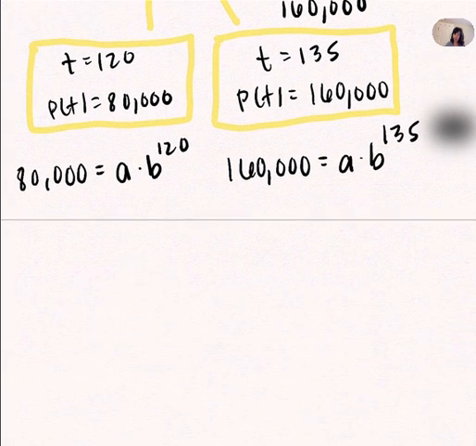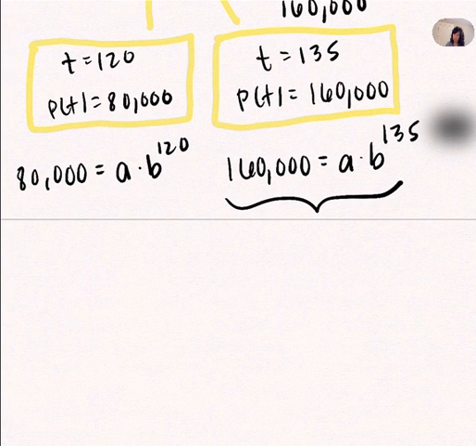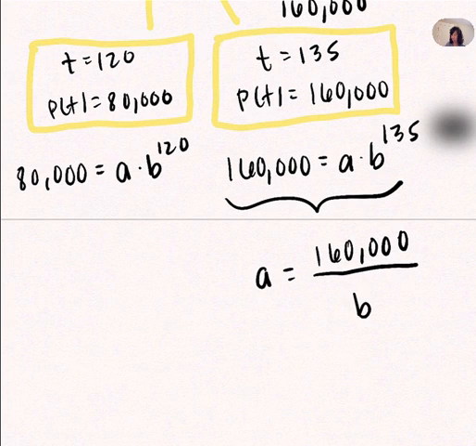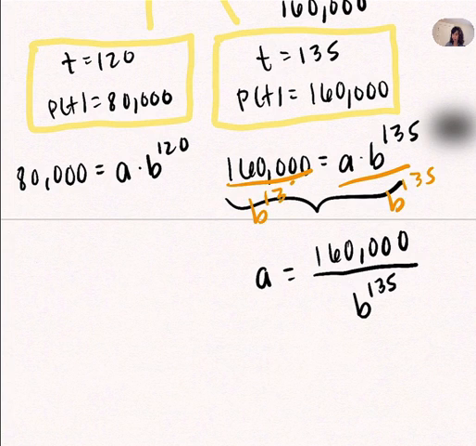So I take this equation, and I'm going to solve for a. a is going to be equal to 160,000 divided by b to the 135. That's if I divide both sides by b to the 135. Now I can take this and plug it in for the a on the left.